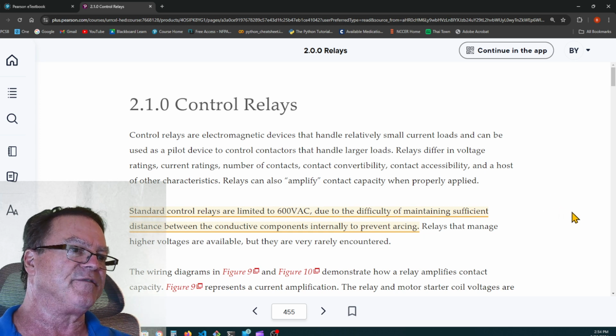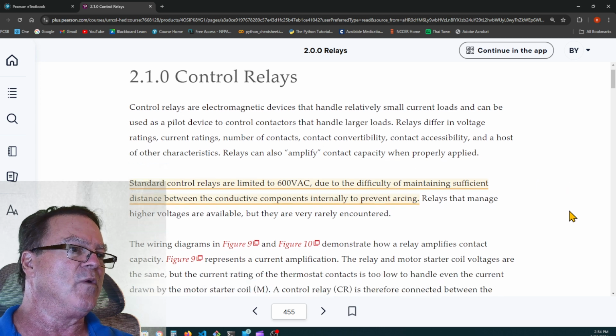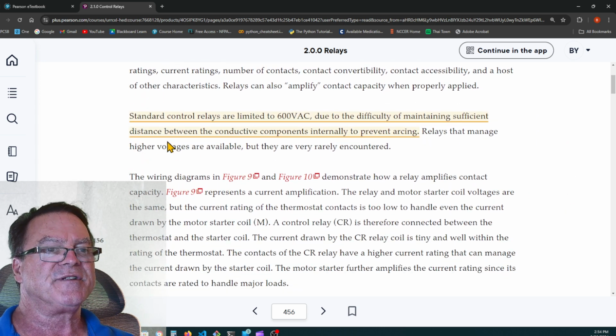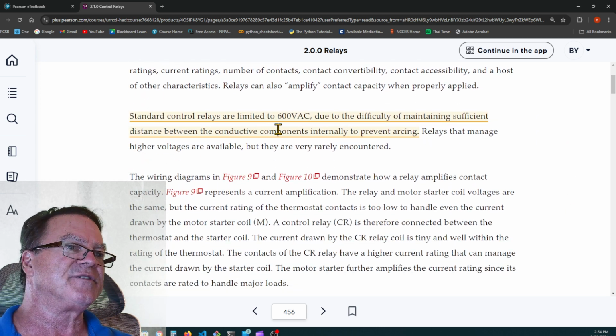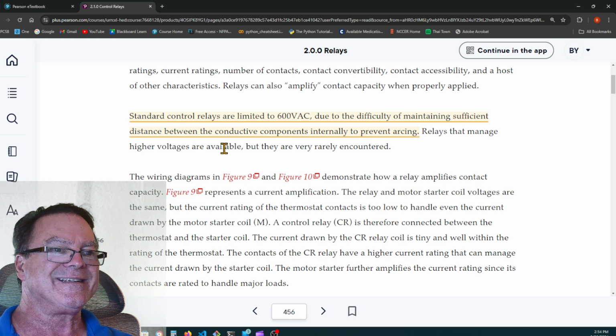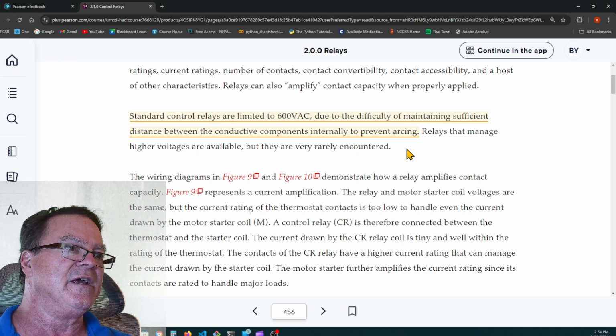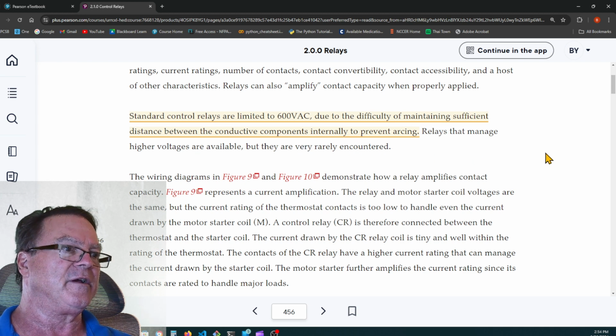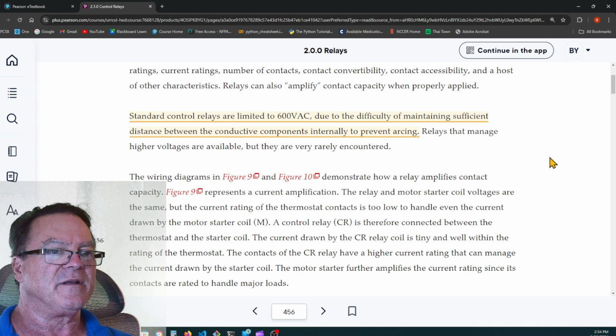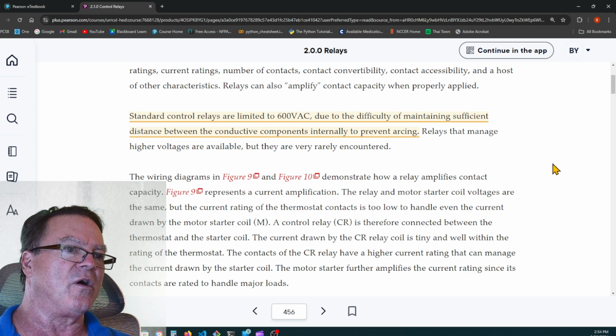Relays can also amplify contact capacity when properly applied. So here's a highlight. It says standard control relays are limited to 600 volts AC due to the difficulty of maintaining sufficient distance between the conductive components internally to prevent arcing. Relays that manage higher voltages are available, but they're very rarely encountered.